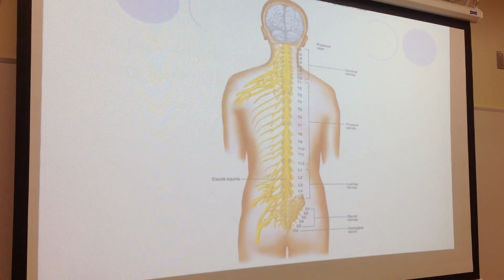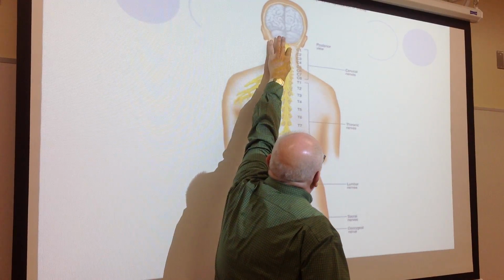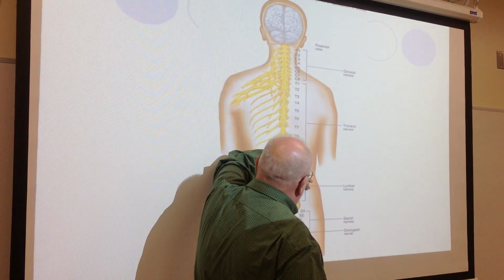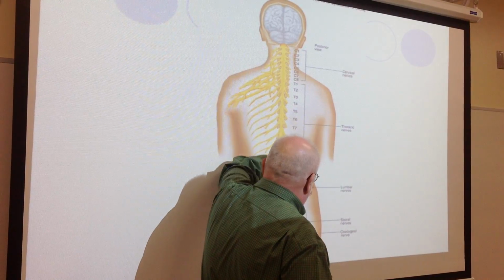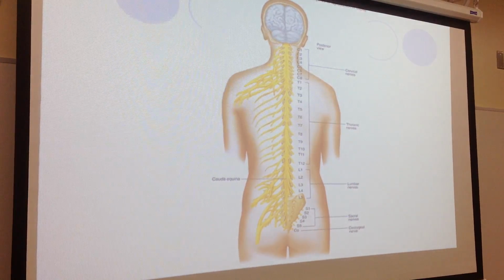All right, so here we go. So here we have a nice little diagram. You can find something similar in your lab book. C1 through C8, T1 to 12, L1 to 5, S1 to 5, and C0. There they are. All right? Shown emerging from the vertebral canal.